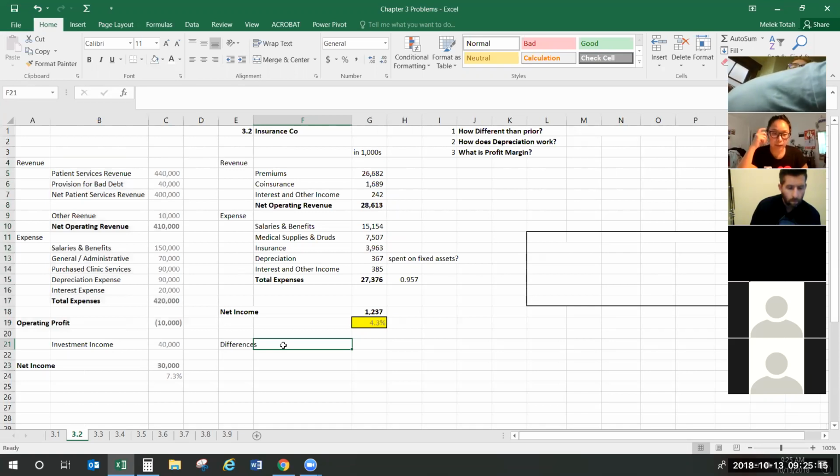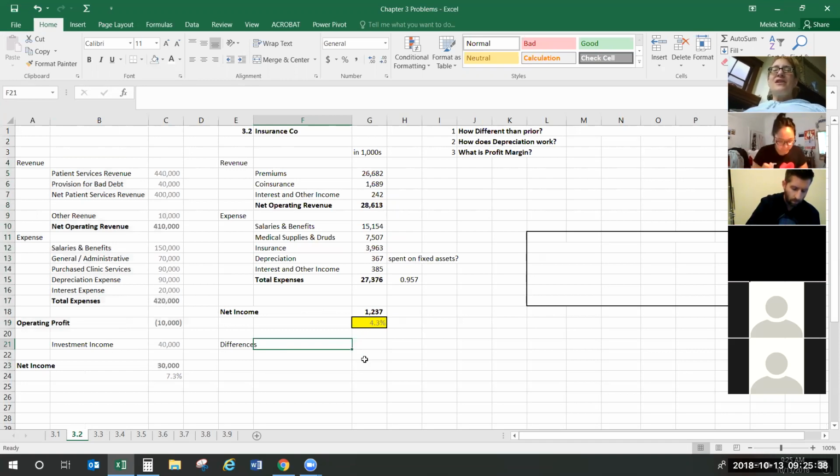That's right. It's classified differently, isn't it? Is that confusing? It wasn't confusing once you factor in that it's two different types of businesses. Yes, so their statements will look different. That's exactly right.